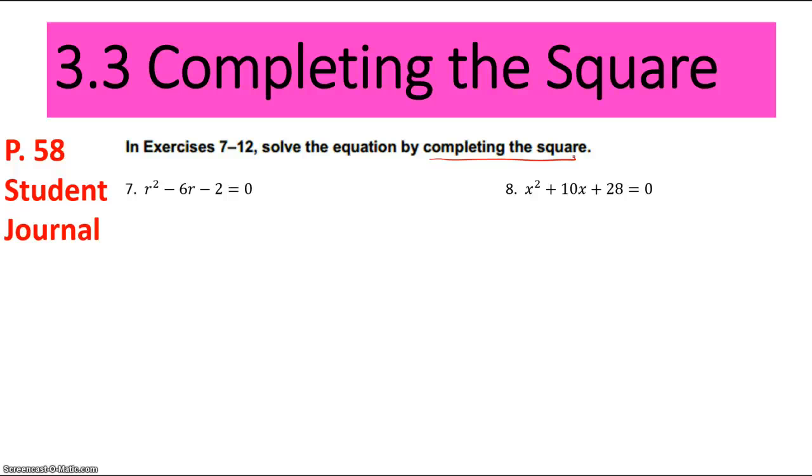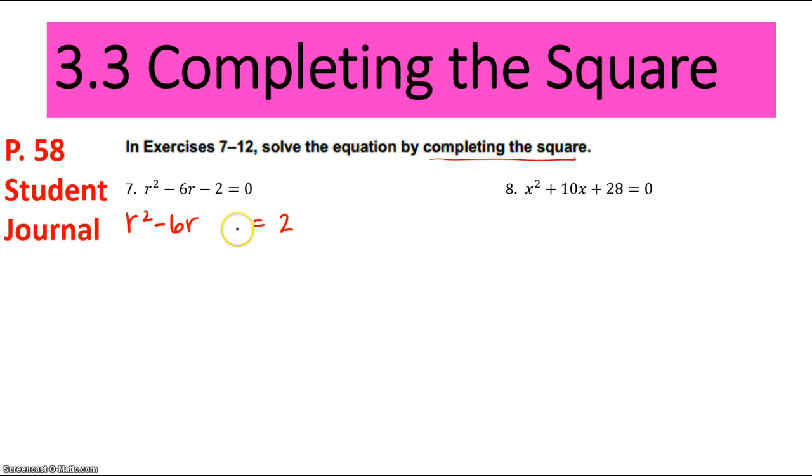When we complete the square, the first thing I want to do is get the a and b term on one side. I'm going to move this c term over to the other side by adding 2 to both sides. So I'll have r squared minus 6r, I'm going to leave a space, equals 2. I'm going to complete the square by adding the same number to both sides.